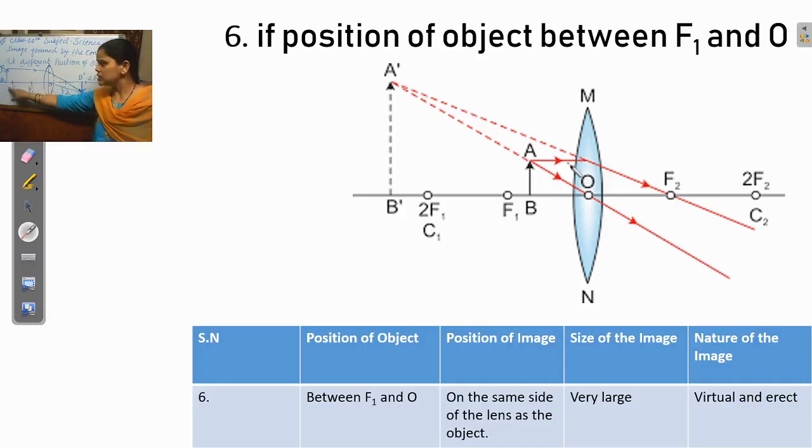The object is here, in front of the lens on the left-hand side, but the position of the image was on the right-hand side of the lens. So in the sixth case, you find the image on the same side of the lens. Understand? This is a very large image, virtual and erect. Erect means upright, not inverted.